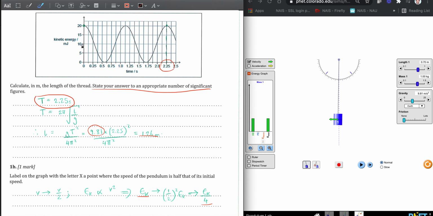We're not looking for the halfway point here. We're actually looking for the points along this line here, for example here, which is our point X, where the energy has hit our quarter value. So any of these points would be valid here, obviously drawing a nice big X on there as well.